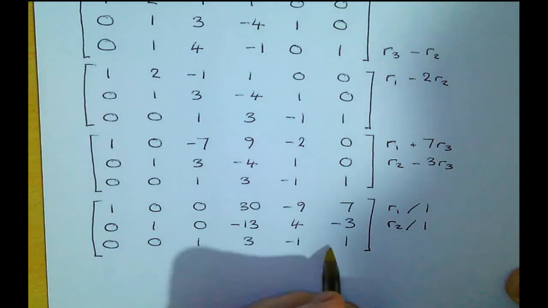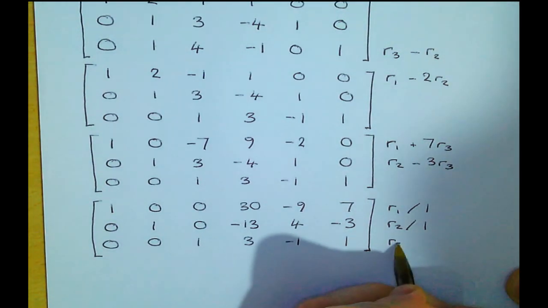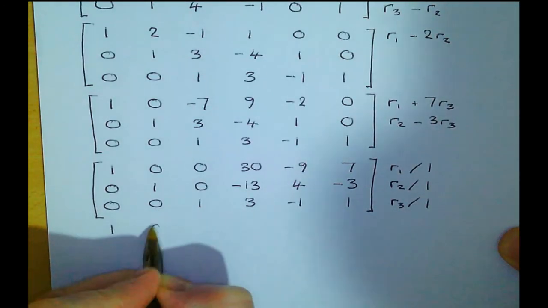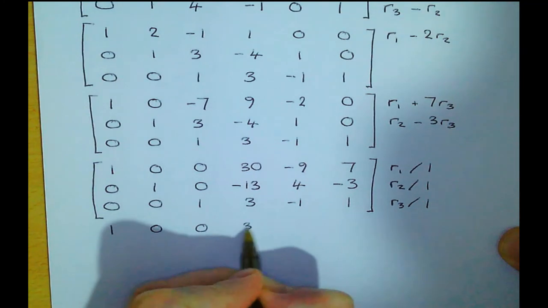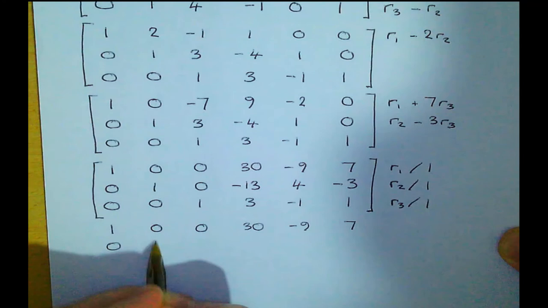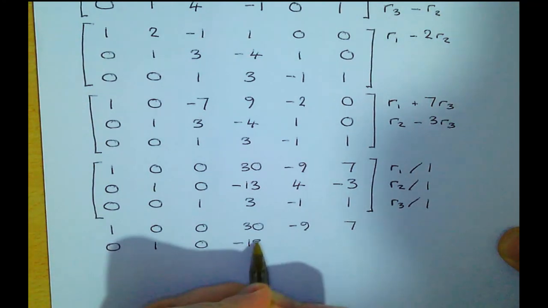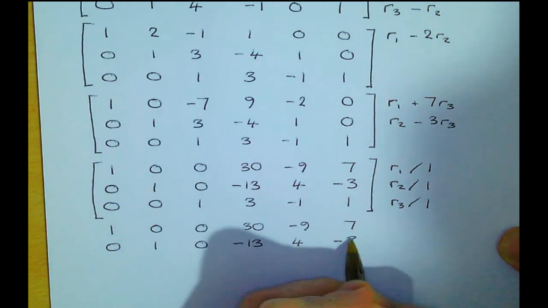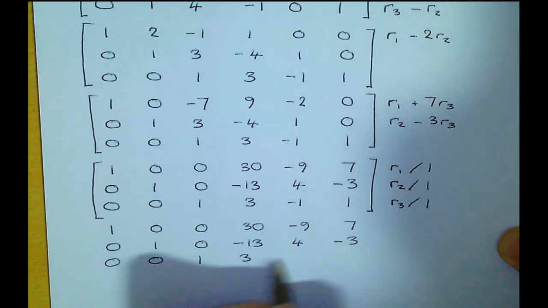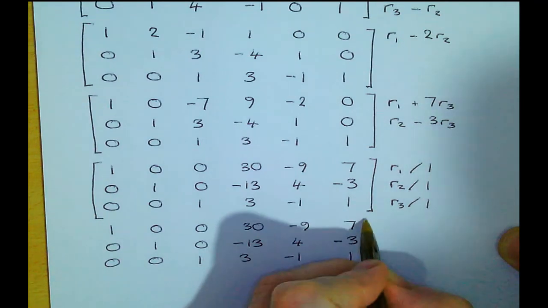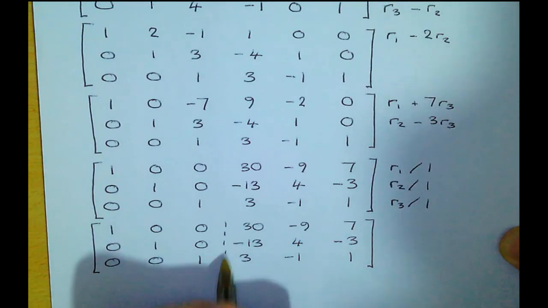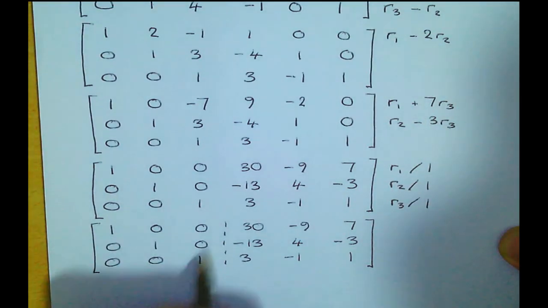We take row 3 and we divide by 1. Of course, everything stays the same when we divide by 1. So this is now our identity matrix on the left.